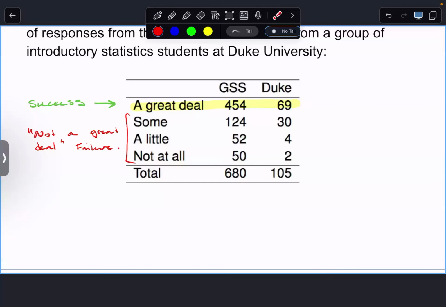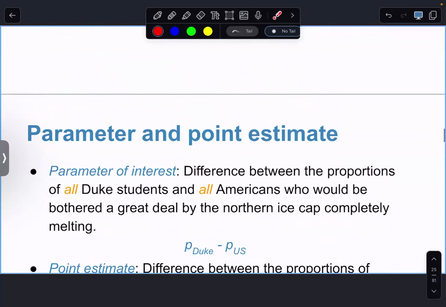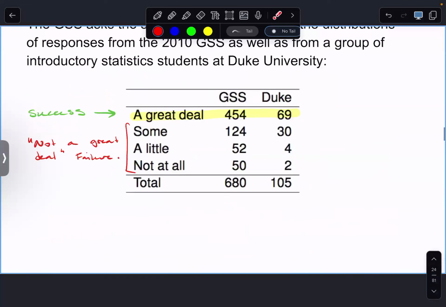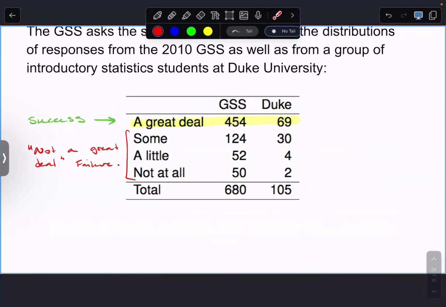So let's see here. Is it on the, not quite the next slide, I guess. In this case, we have the number of successes for the GSS survey is 454. We have the number of successes for Duke is 69. And we have the sample sizes for each of these, right?